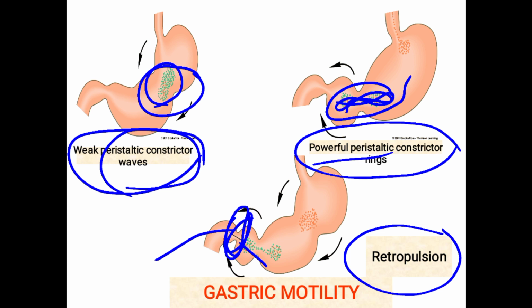In gastric motility or gastric emptying, many factors matter, like the nature of the food. The physical or chemical nature of the food will influence gastric emptying. If you take more lipid or fatty food, it will take more time to empty. Then the osmolarity of the food, and the extent of distension of the stomach.